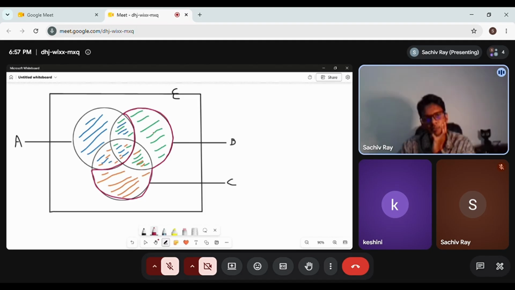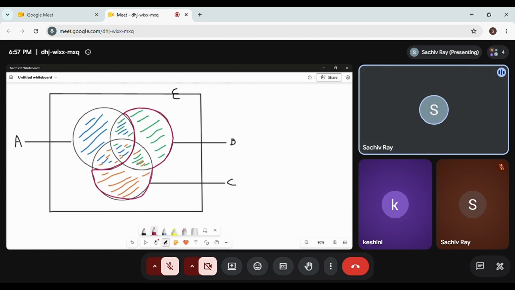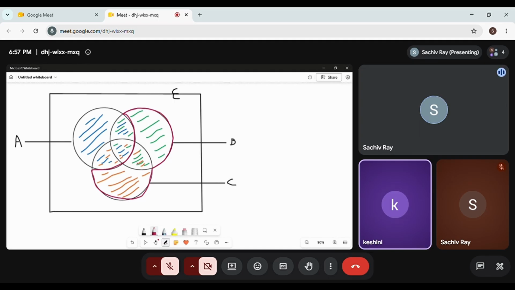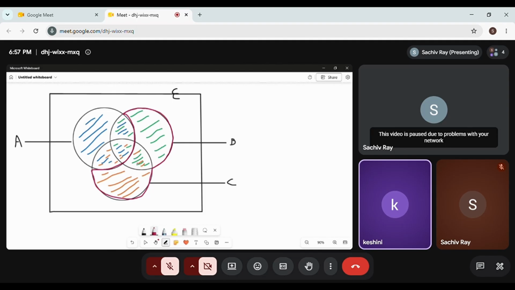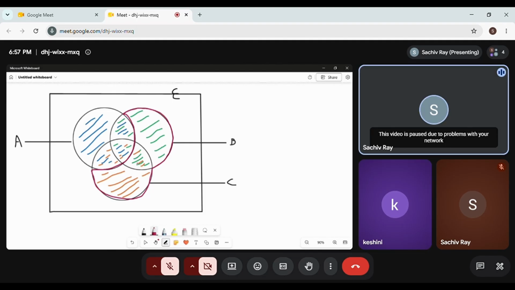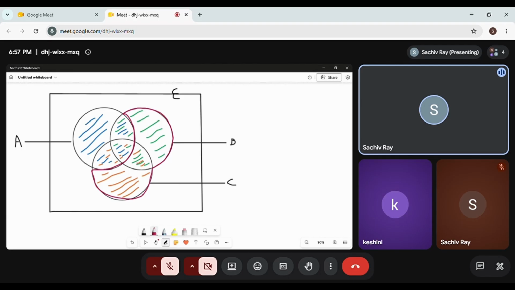If you look at B and C alone, what is B intersect C? Which part is it? Is it the colored part now? No. What is B intersect C in this? The green and orange part.